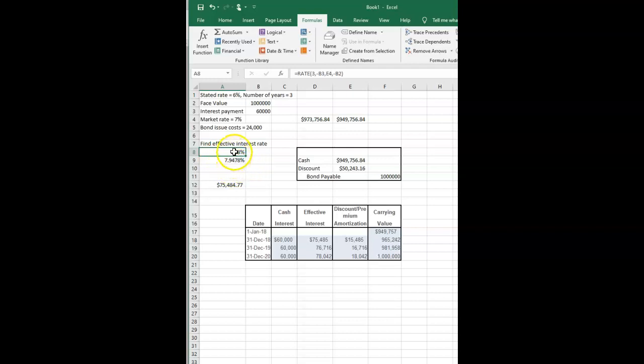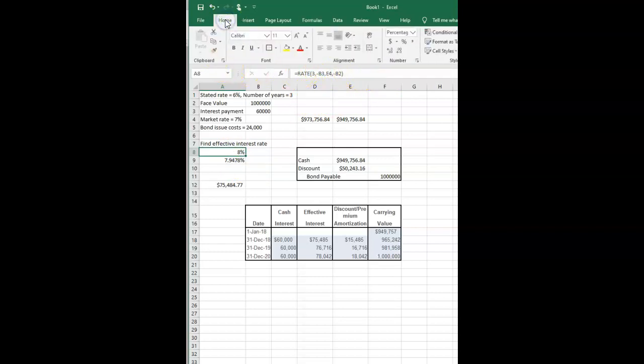So I take my 8% and use this function up here in the menu on the Home tab, and I'm going to increase the decimal places. Now I can increase it as many as I want. I'm going to leave it there at the 4. It doesn't matter if I increase it to the correct amount or not. Excel is remembering all the digits underneath.